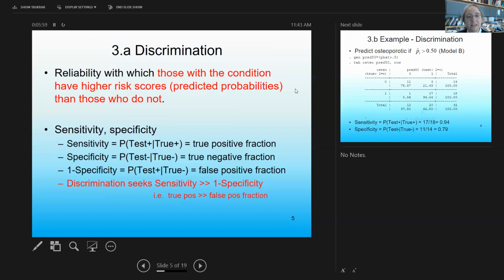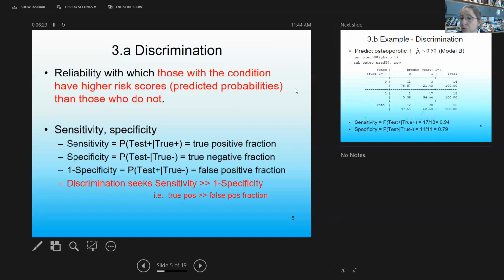Specificity mimics this except for people who are truly negative. For those who truly do not have the condition, what is the proportion who test as not having the condition? And then one more concept that will be convenient to focus on is 1 minus specificity, which is just the false positive fraction.